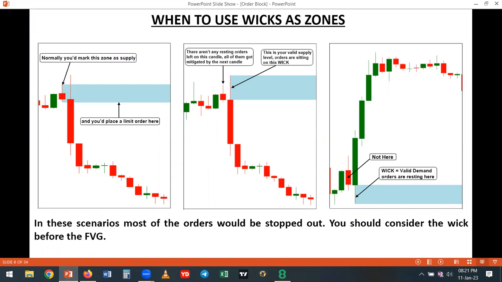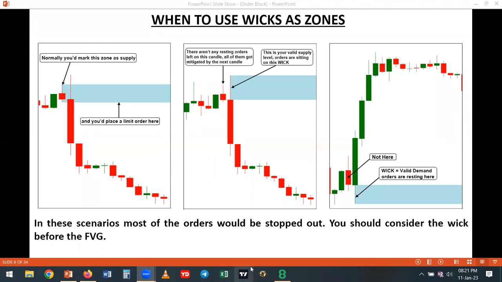It must not necessarily be the last bullish candle before the bearish move or the last bearish candle before the bullish move. No, that rule does not apply all the time. Most times, order blocks can be candlesticks of the same color, bullish, bearish. Now look at this scenario here. Let me use this diagram to explain what I'm trying to say.